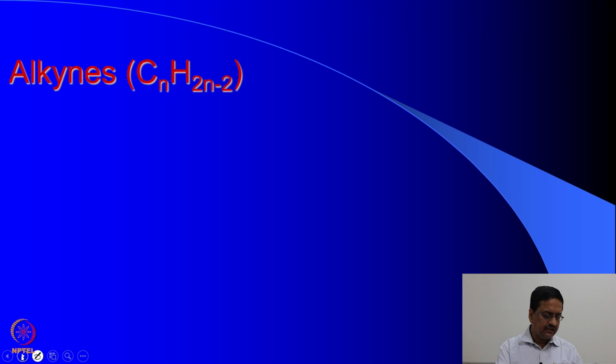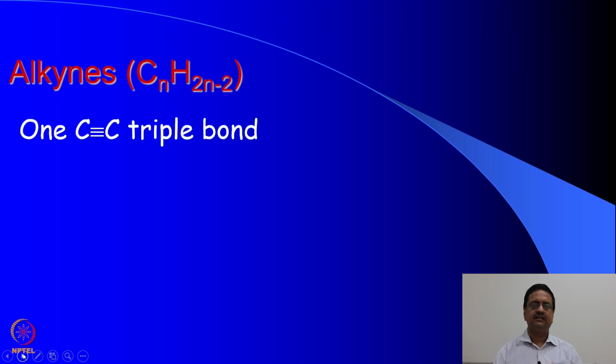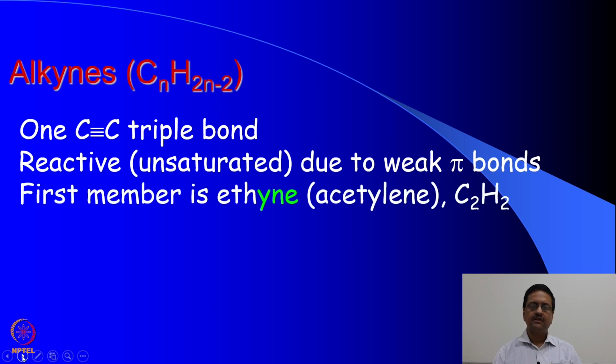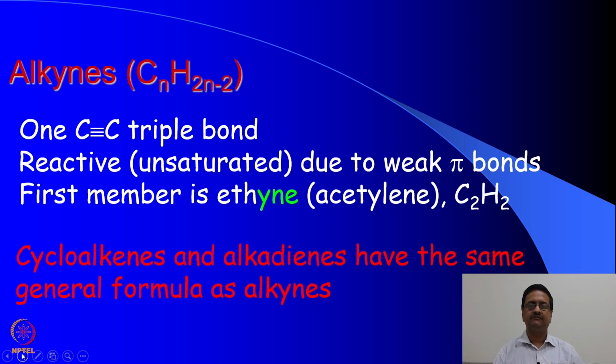As you know, the alkynes are the compounds which contain a CC triple bond, and these are as usual reactive in nature due to weak pi bonds. The first member of this series is the ethyne or acetylene, which is identified as C2H2, but you can understand that there may be a large number of different compounds which can have a CC triple bond.